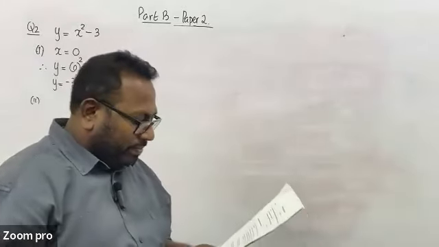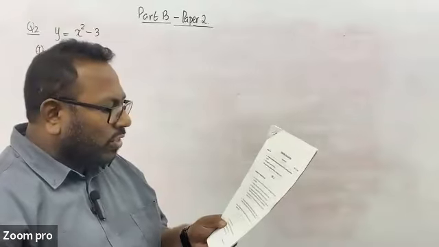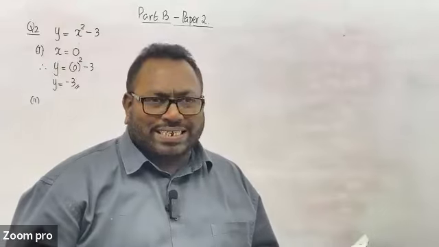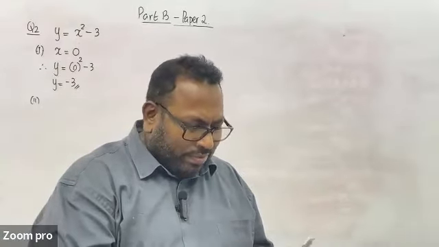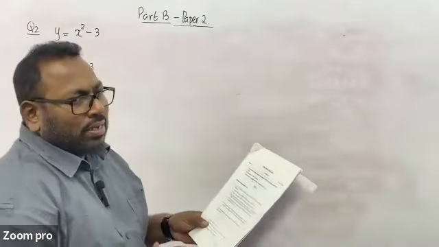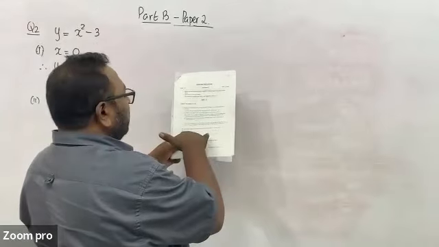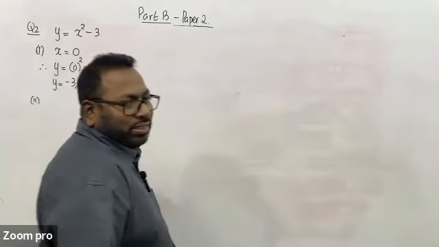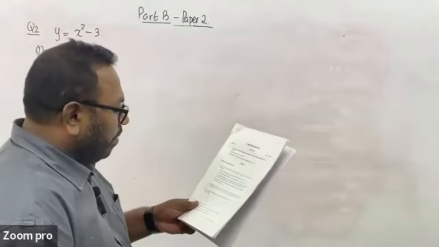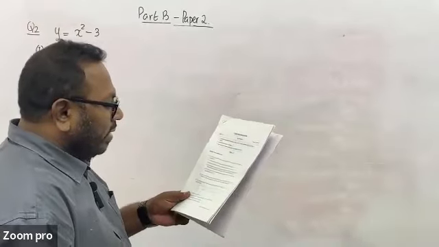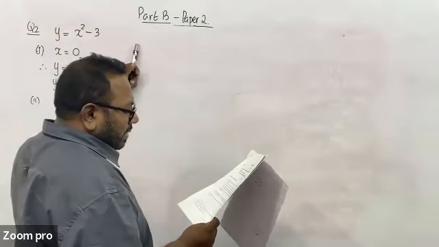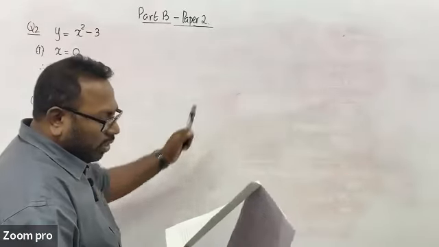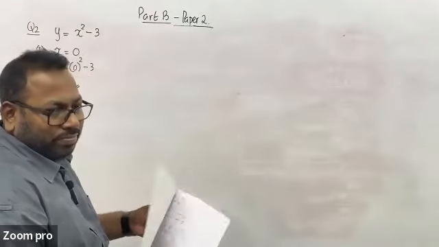Okay, simple. Then they are saying draw the graph of the function given above using a suitable scale. So if you look at your table, they are saying x-axis -3 to +3. So your x-axis should go from -3 to +3, and your y should go from +6, come down to -3, and then go up to +6 again.